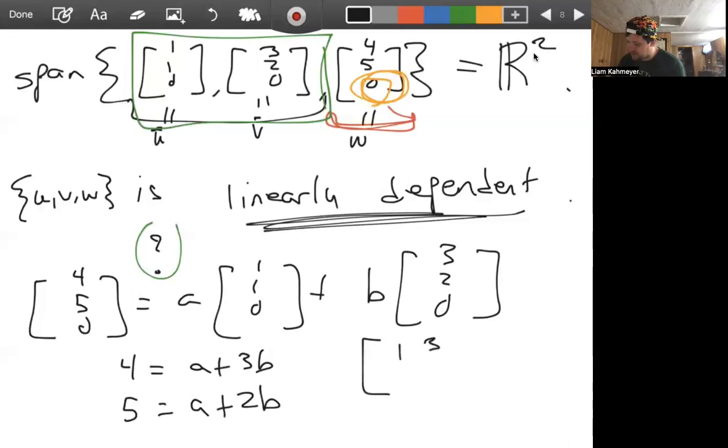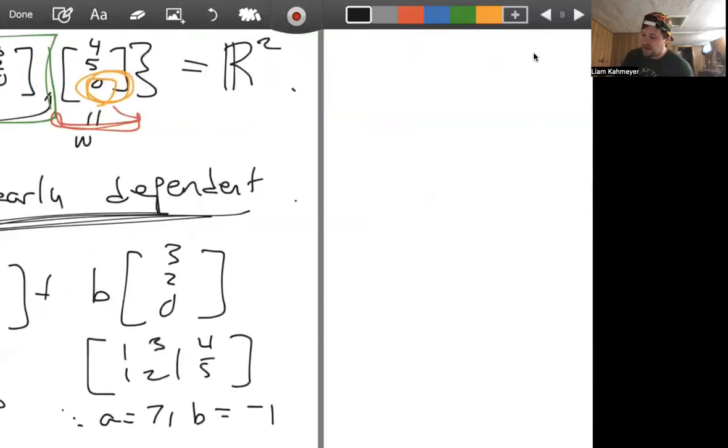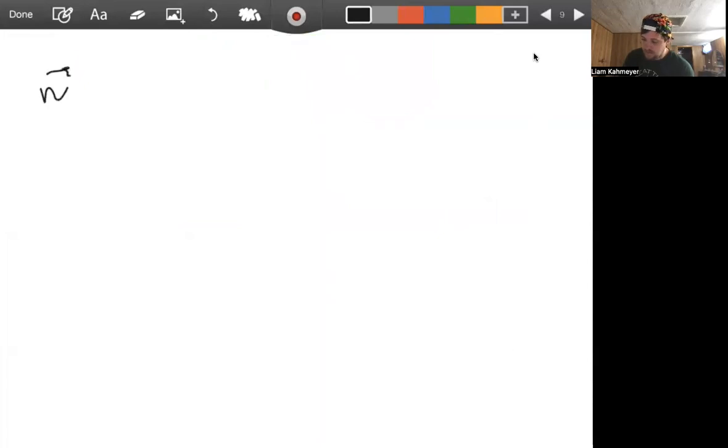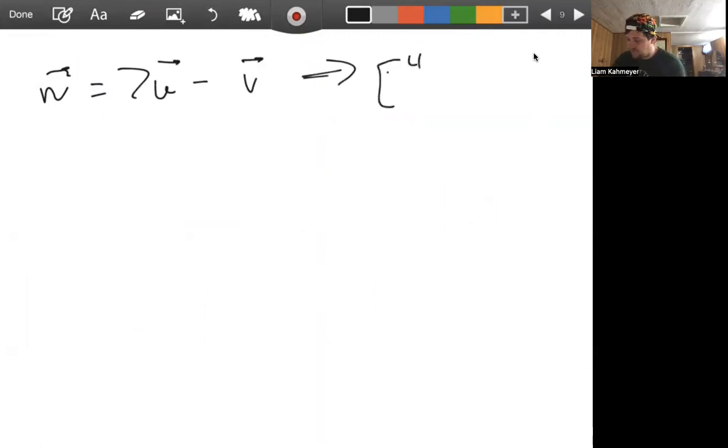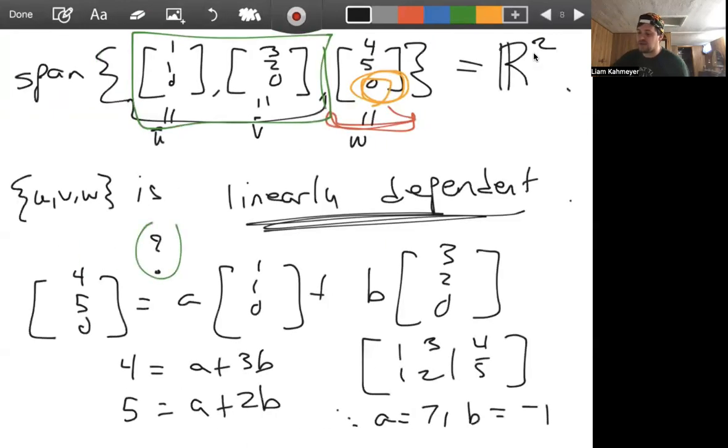You'd have 1, 3, 1, 2, 4, 5, and then you would solve for A and B. If you do this, you can see that A would be 7 and B would be -1, which is to say that W equals 7U minus V, which would then imply that 4, 5, 0 is in the span of X, remember we were calling this X, the spanning set before we included the vector W, right?